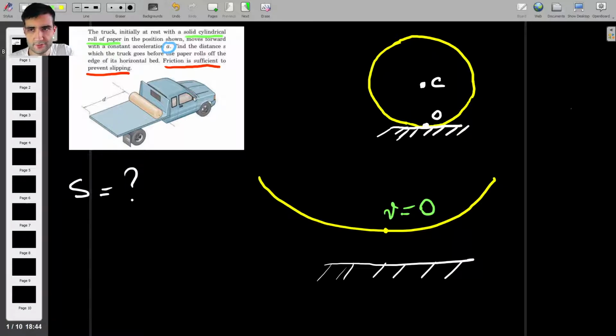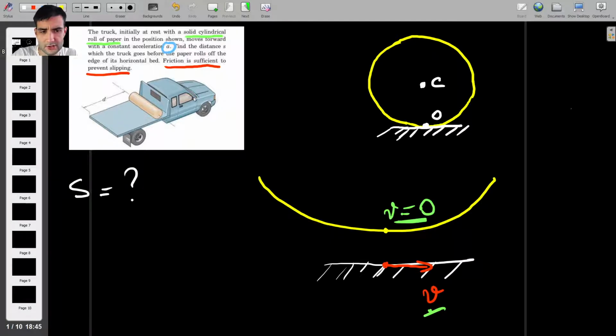If this surface was something like a conveyor belt, whereas in our case it's a truck that's moving, let's assume it's a conveyor belt with a certain speed v. Then clearly, if this point on the edge has a velocity of zero while the conveyor belt has a non-zero velocity v, there will be some slipping.